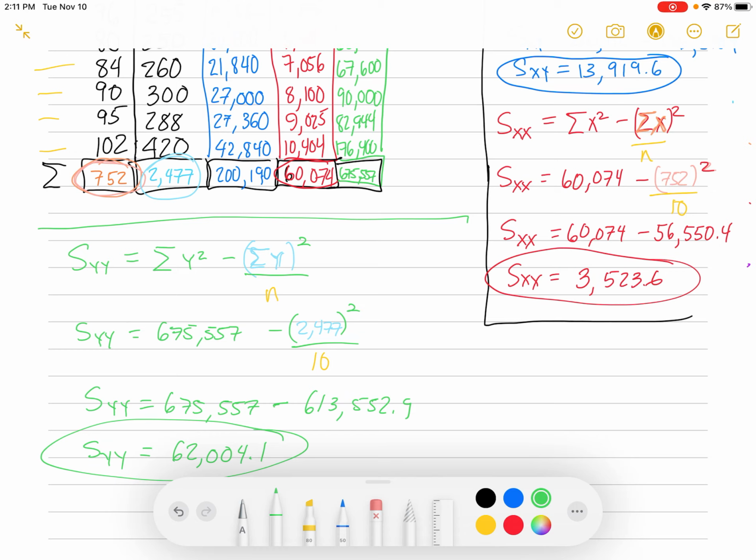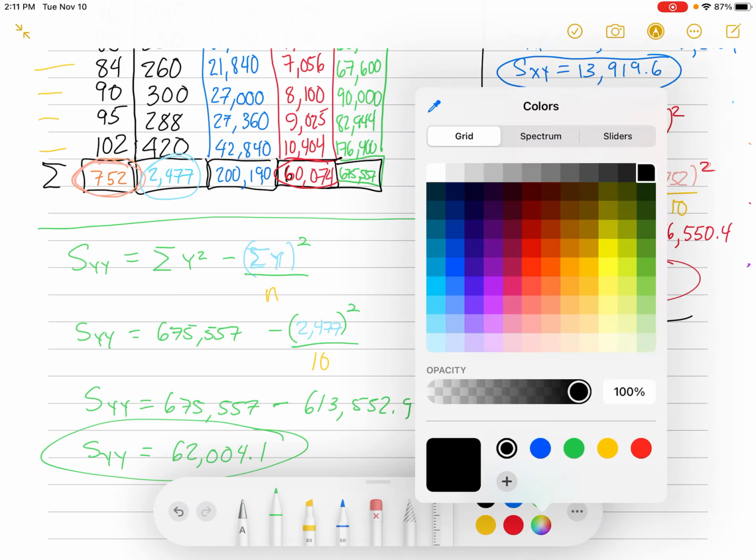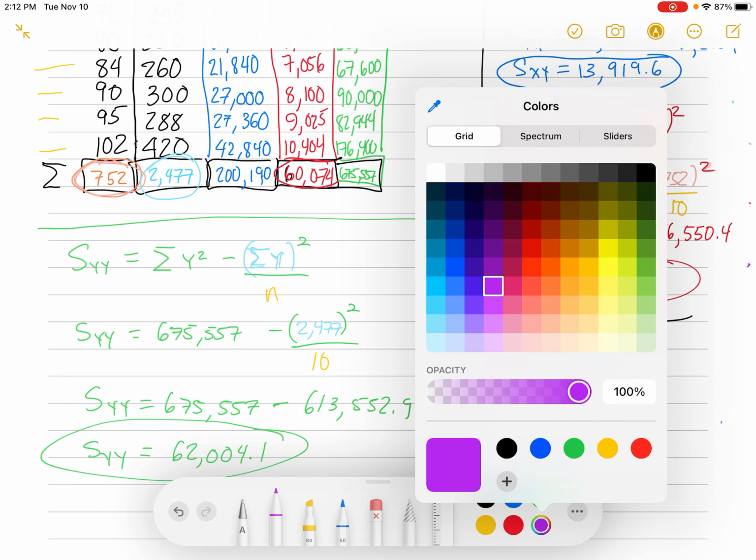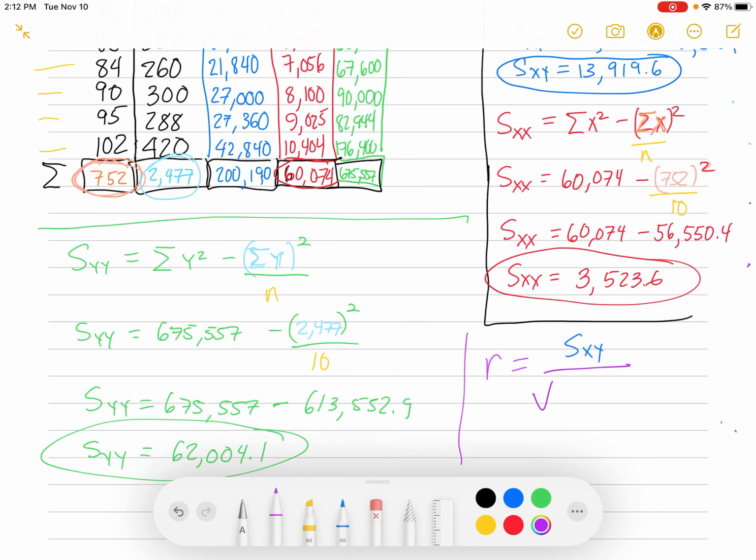Okay, we're ready to calculate the correlation coefficient now that we have these three numbers. I'm going to call it purple. So the correlation coefficient R, remember, is SXY divided by the square root of SXX times SYY.